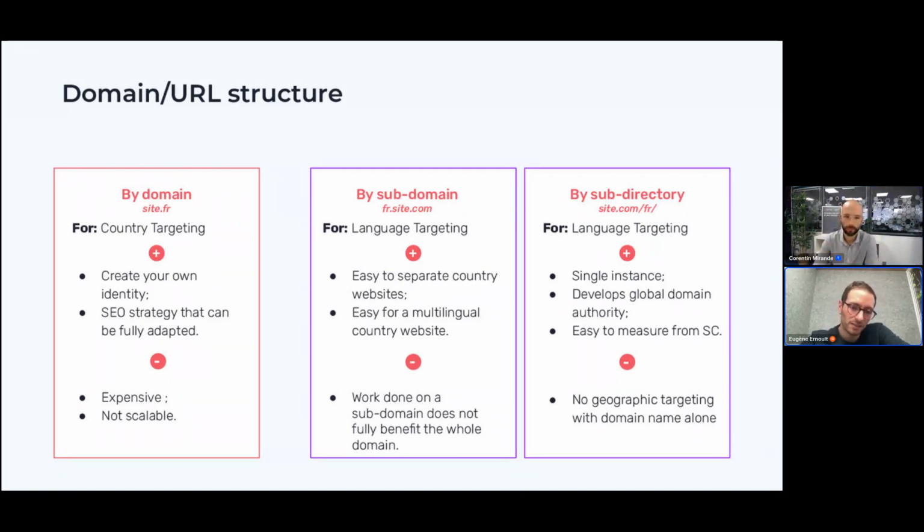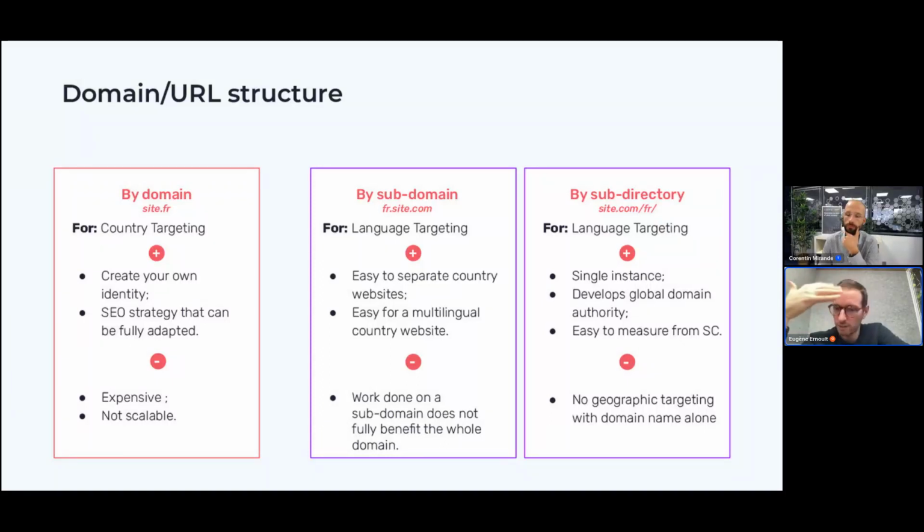So yeah, I think as long as it's set up well with hreflang, which we'll see just after, as long as you indicate to Google that your website is available in multiple languages, and that for a specific page you have translated versions, and here are the URLs, whether it's a subdomain, a subdirectory, or a country-specific TLD, top level domain, for me it's the same.